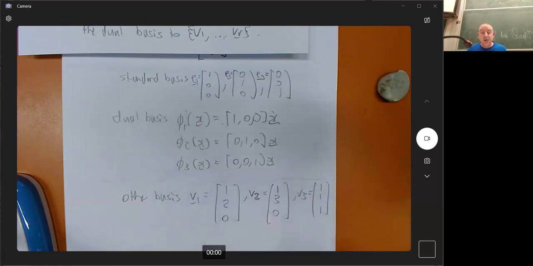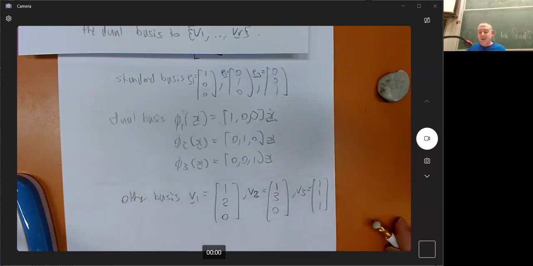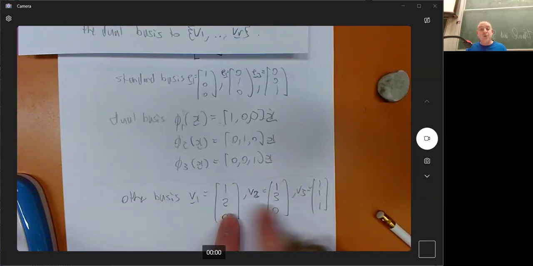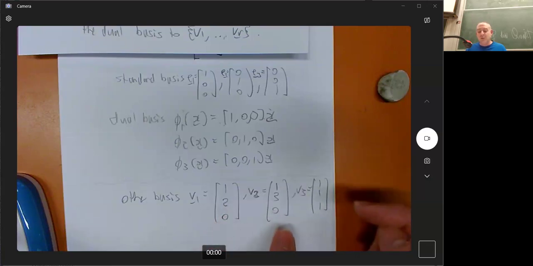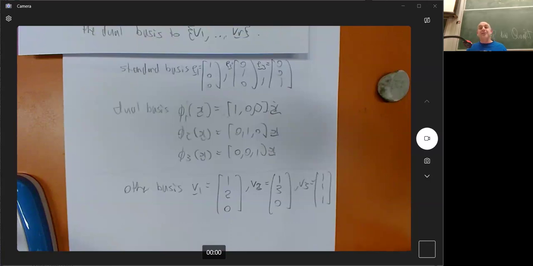That's a nice way of coming up with a list of random vectors that are definitely independent by going, well, I'll pick one, then I'll pick one that's not a multiple of that, and I'll pick one that's not a combination of those two. And a very easy way to make something not a combination of two other things is to pick a combination and then change one coordinate. So yeah, anyway, welcome to the mind of a lecturer who's trying to write assignment questions.